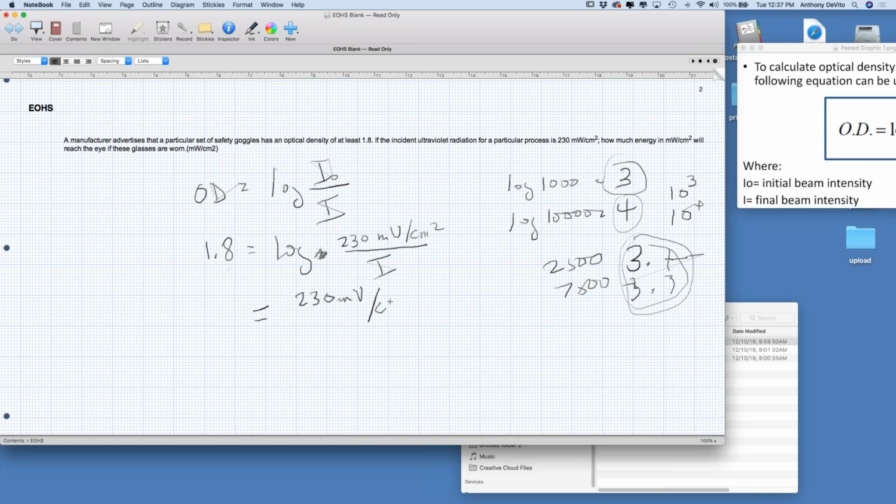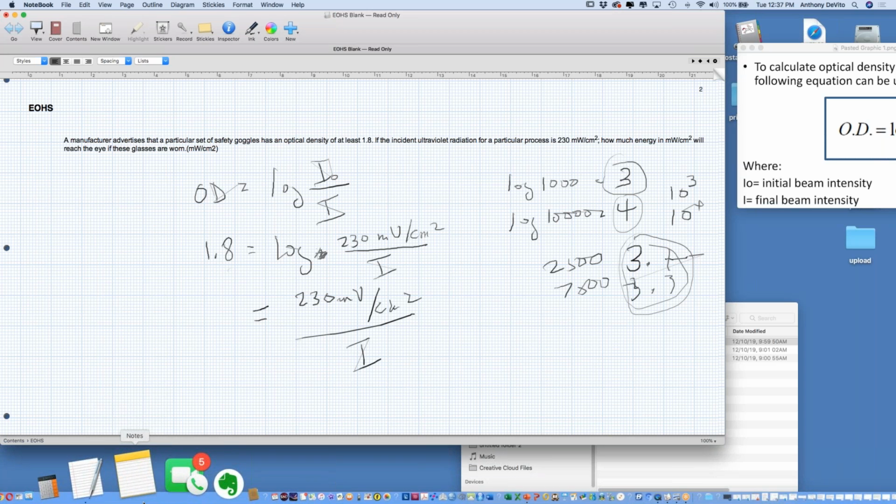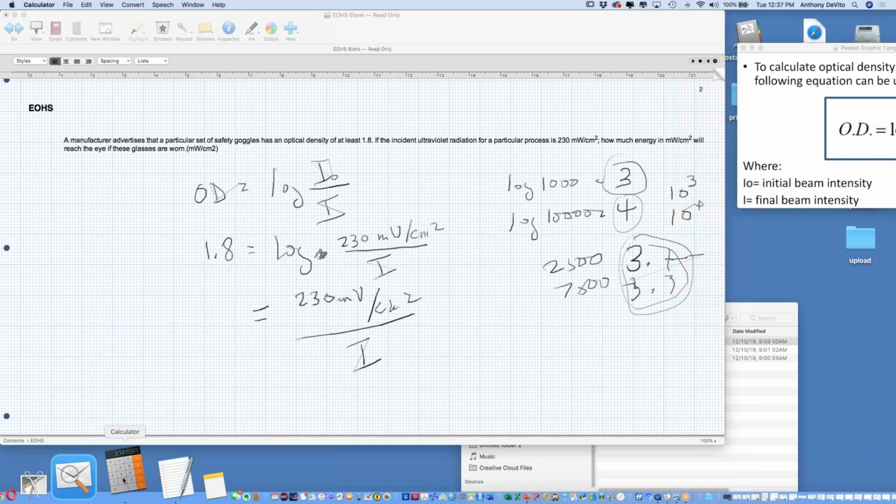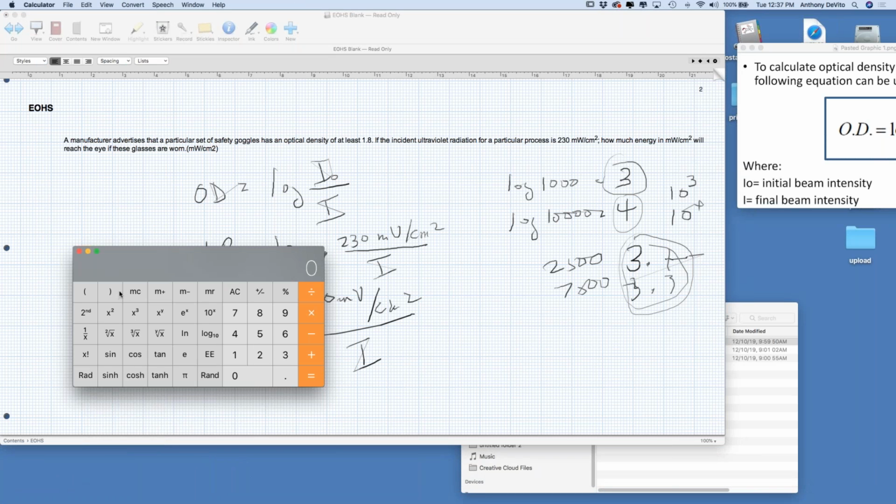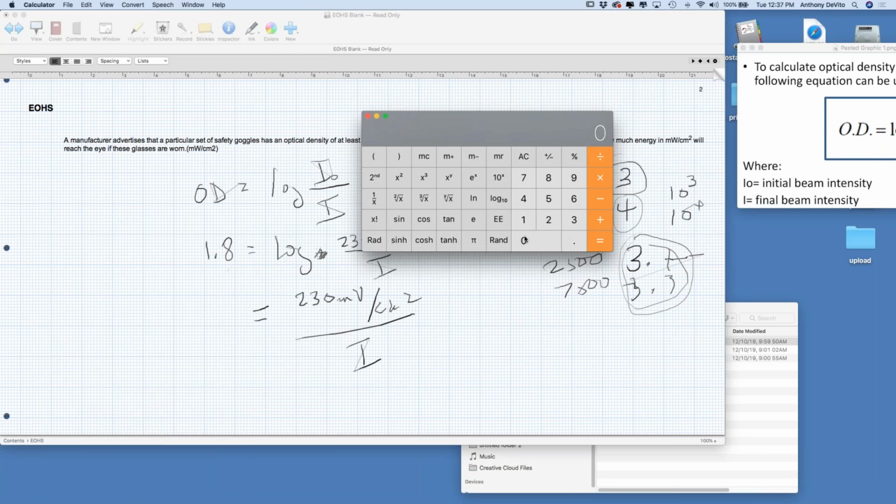So 230 milliwatts per square centimeter over I is equal to the anti-log of 1.8, which is just 10 to the 1.8 power. Let's clear. There's 10 to the 1.8, and that's our x. I'm just going to click on this, and it gives me our answer, which is 63.09.